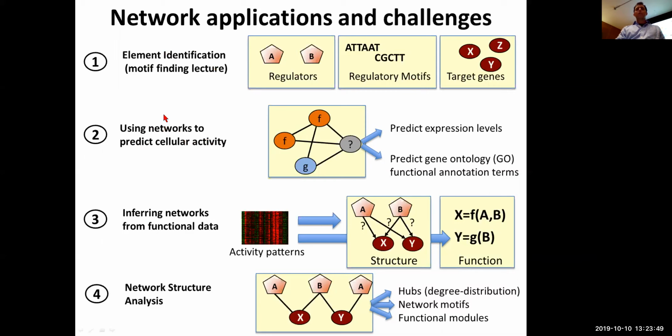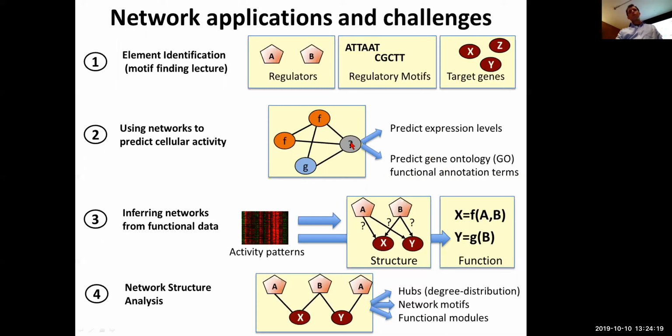The second one is using networks to predict cellular activity. So you'd like to predict, for example, the expression level of a gene by observing something about the properties of the regulatory network, and then you want to predict how it will perform in a new condition. For example, when you subject a patient to a drug, you'd like to have a predictive model that says how this network will respond to a particular perturbation.